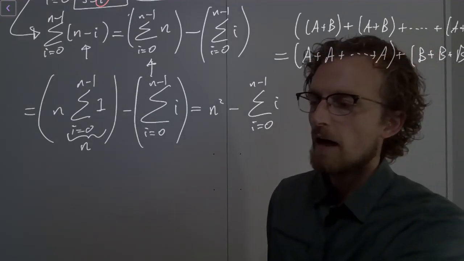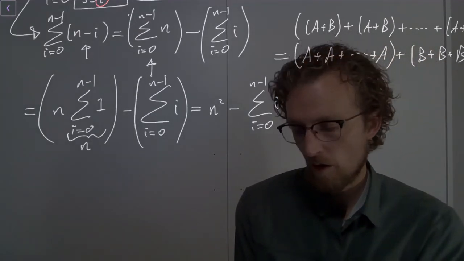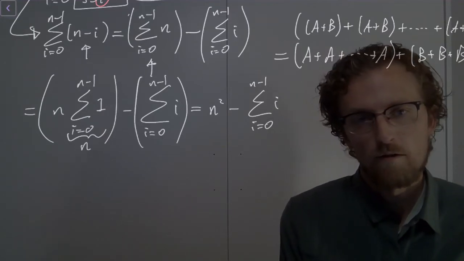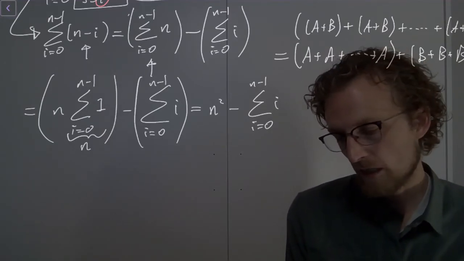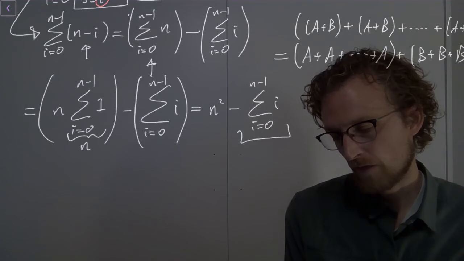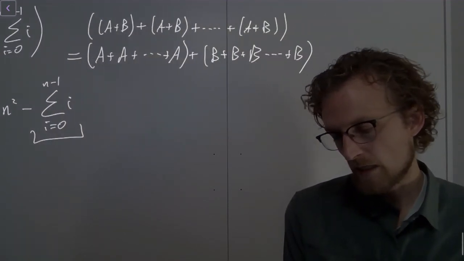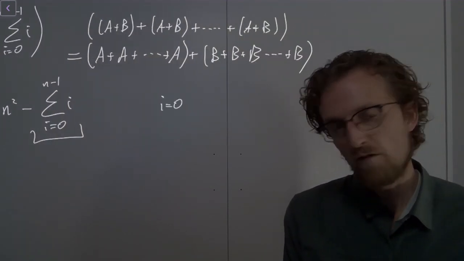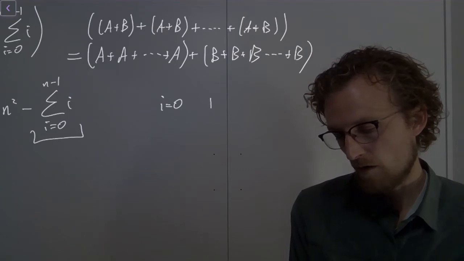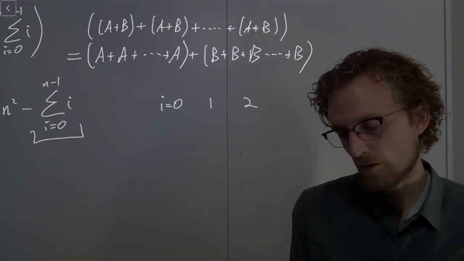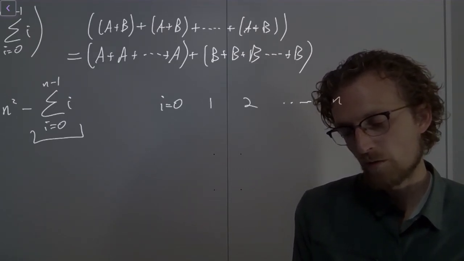All right, so how do I evaluate this sum of i from 0 to n minus 1? Well, let's think a little bit about what this is doing. It's saying, let me keep track of my index. So i equals 0, i equals 1, i equals 2, all the way up to n minus 1.